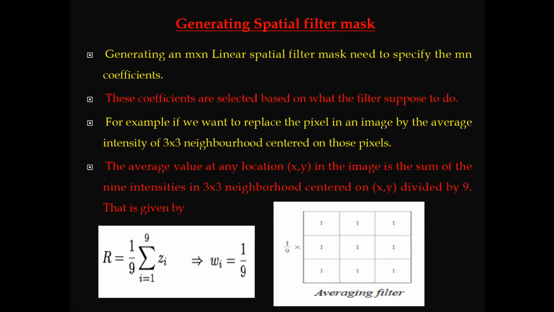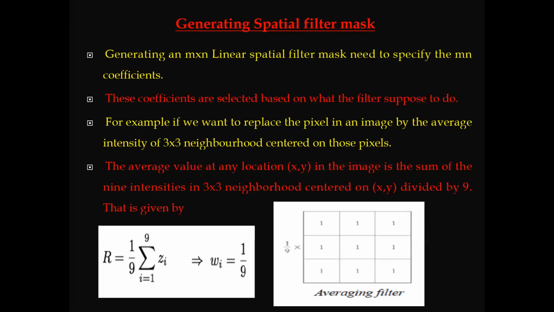So in order to find the average of the 9 coefficients, we take all 9 pixels, and the 9 coefficients are 1 plus 1 plus up to 9, divided by 9, which gives you the average value.